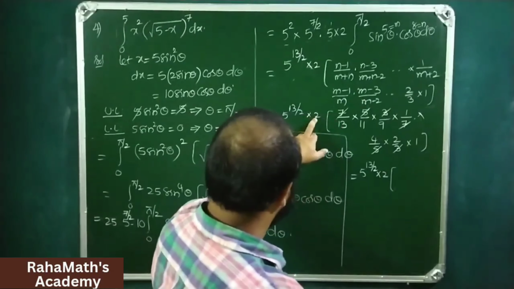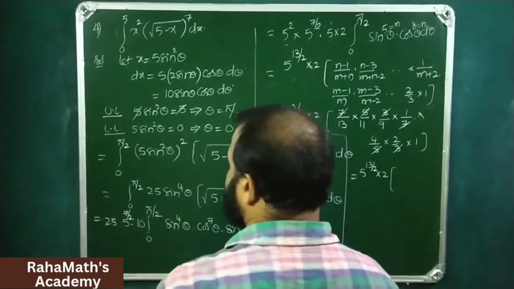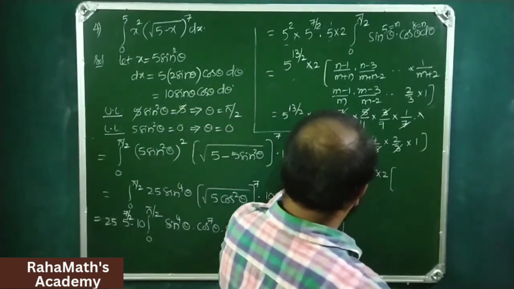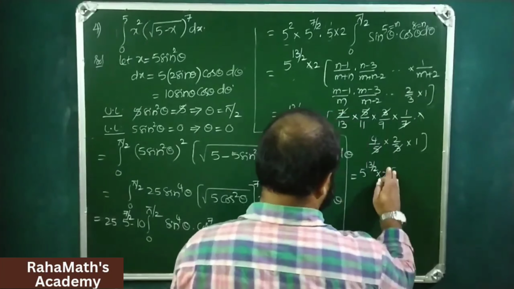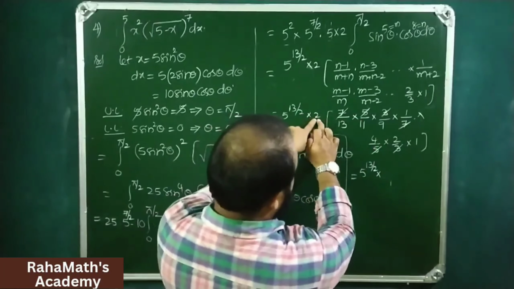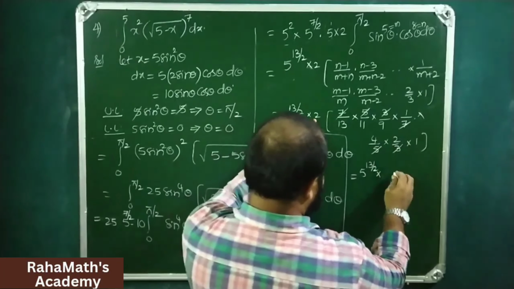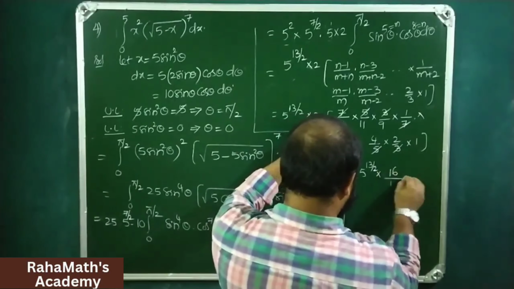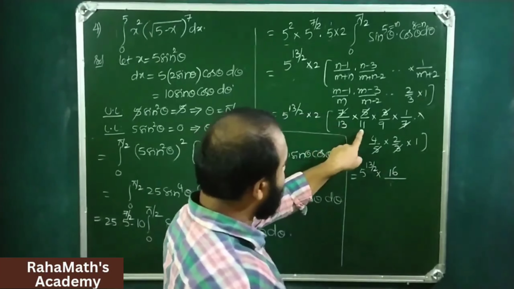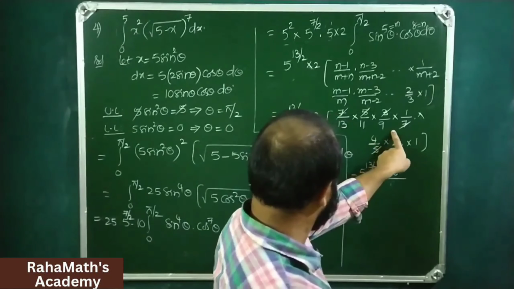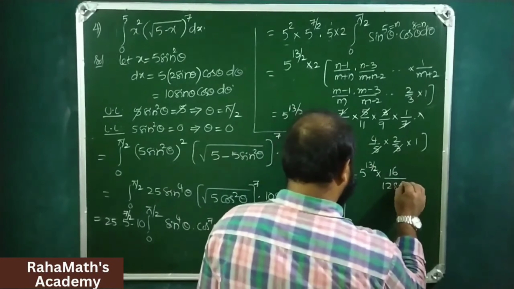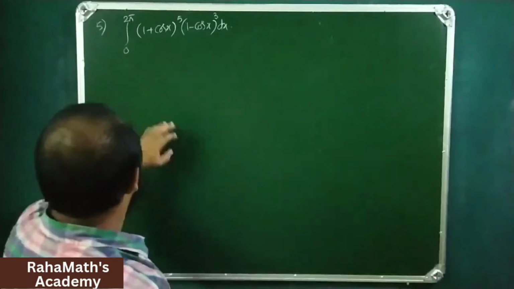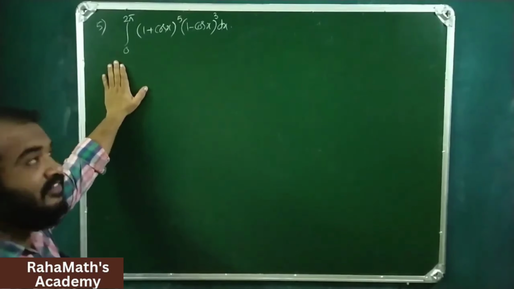So here 5 power 13 by 2 into, 2 2s are 4, 4 4s are 16. So this is 2 2s are 4, 4 4s are 16, by this 13 into 11, 11 9s are 99, 99 into 13. So that is 1287.